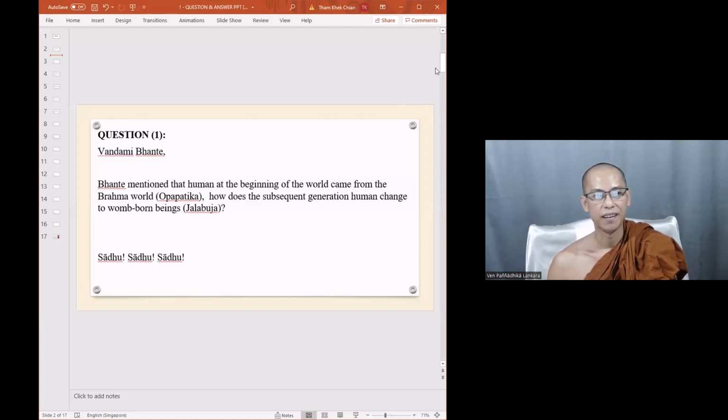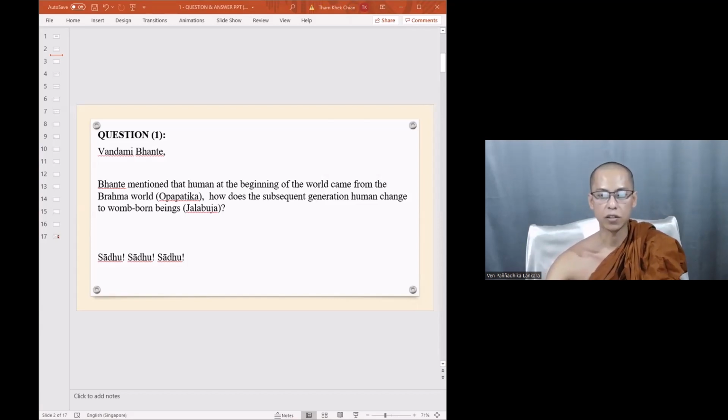Yes. According to the Sutta teaching, they are the first human beings. The group of human beings come from the Brahma world, but actually the nature of Brahma and the nature of the human are different, because of the difference in plane of existence. So it seems they don't have sexual phenomena.